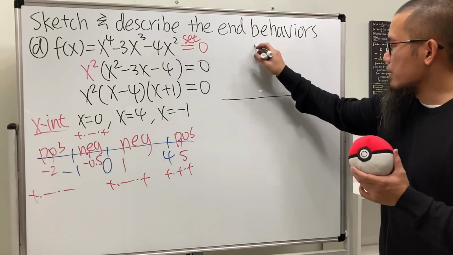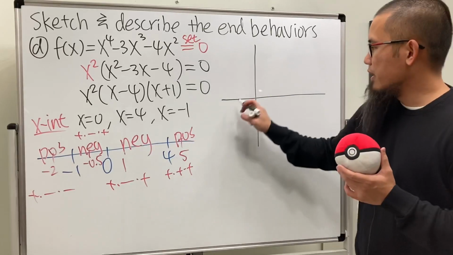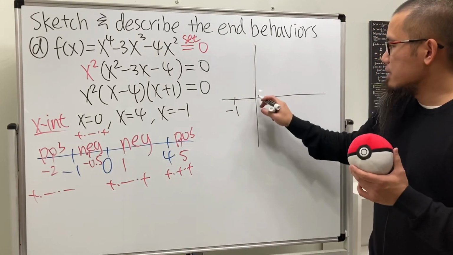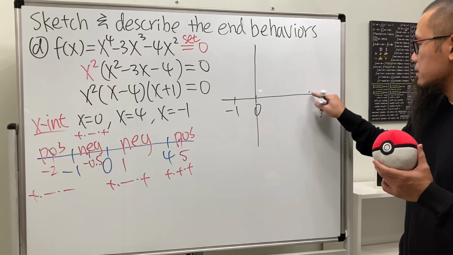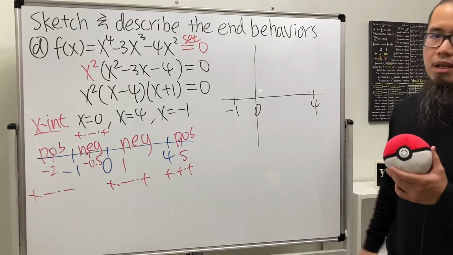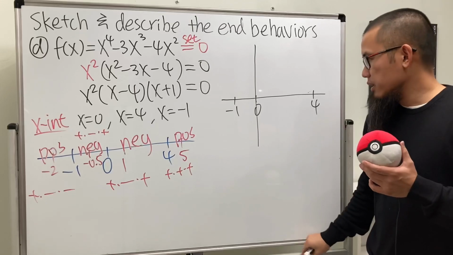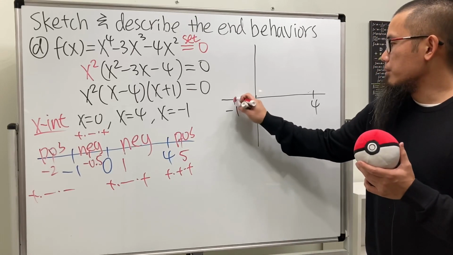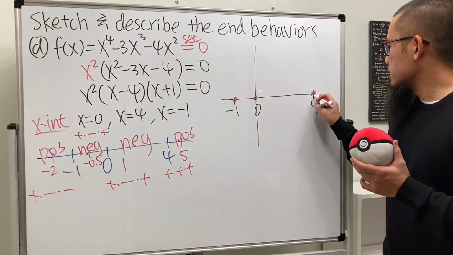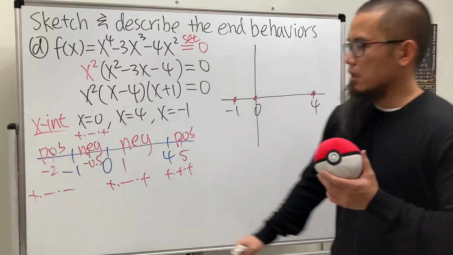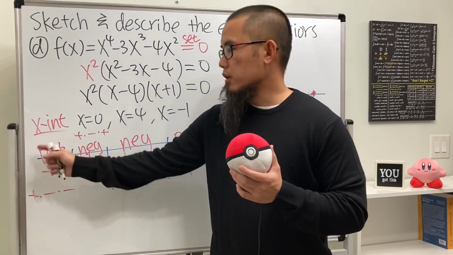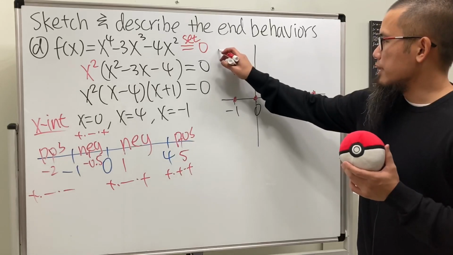Okay, so here we go. Let's go ahead and sketch the graph. Here we have negative 1, and then let's say 0 is here, and let's say 4 is somewhere here. And of course, again, they are the x-intercepts. So go ahead and mark these points. Firstly, we have to make sure that the graph starts above the x-axis. So let's go ahead and start right here.